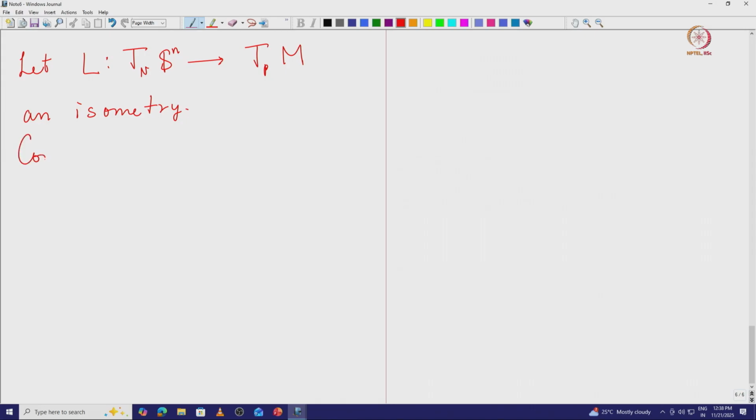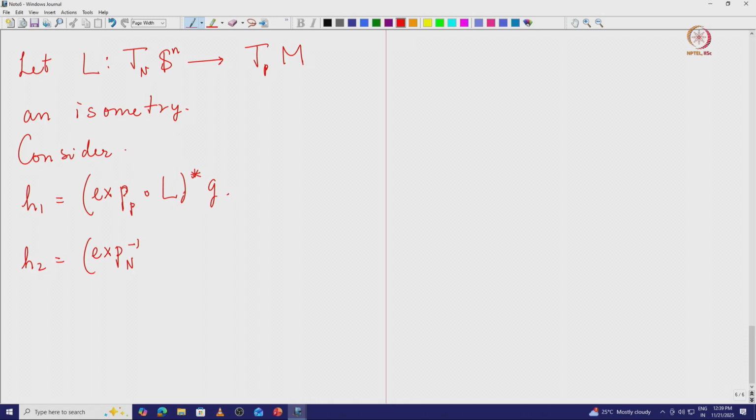Okay, and we consider the following. So H1 is going to be the exponential: you consider the isometry L and then you move down by the exponential map at P, you pull back your metric G via this map, and H2 you do the same, but you take the exponential map at the north pole on the sphere, that is a diffeomorphism.